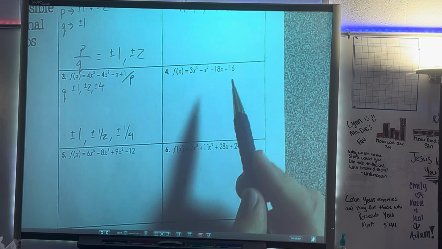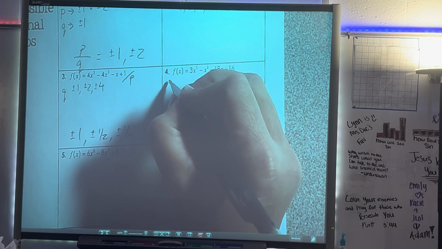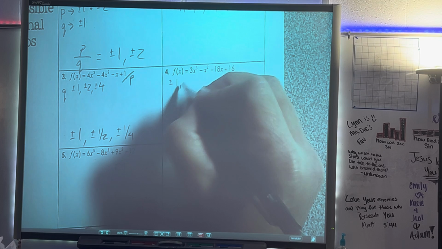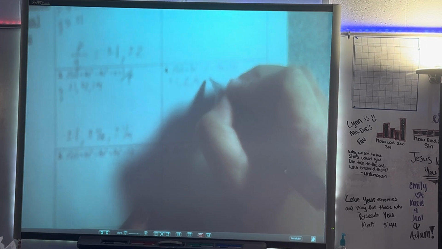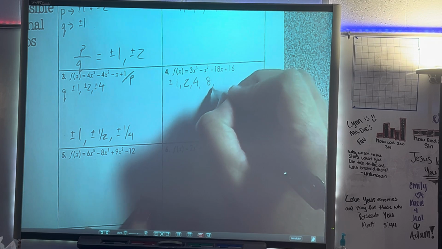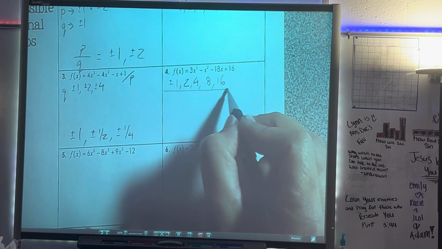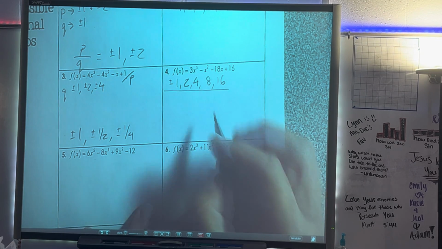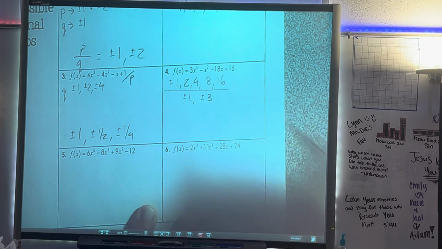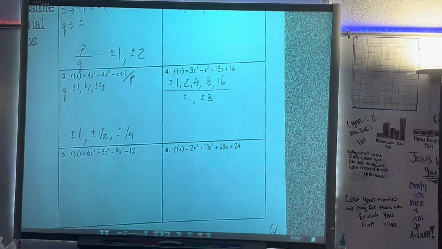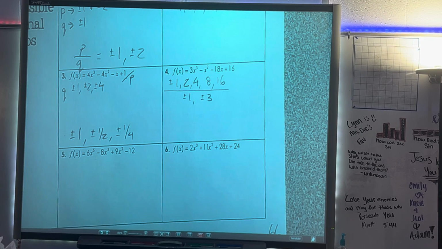All right, so if we look at 16, that would be plus or minus 1, 2, 4, 8, and then of course 16. And then I'm going to write it this way. My q's on the bottom would be plus or minus 1 and plus or minus 3. So if I put all of those over 1, all my whole numbers stay.